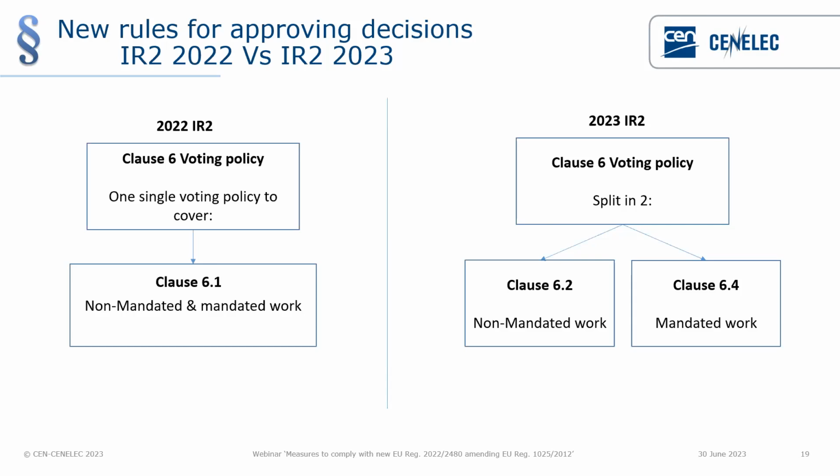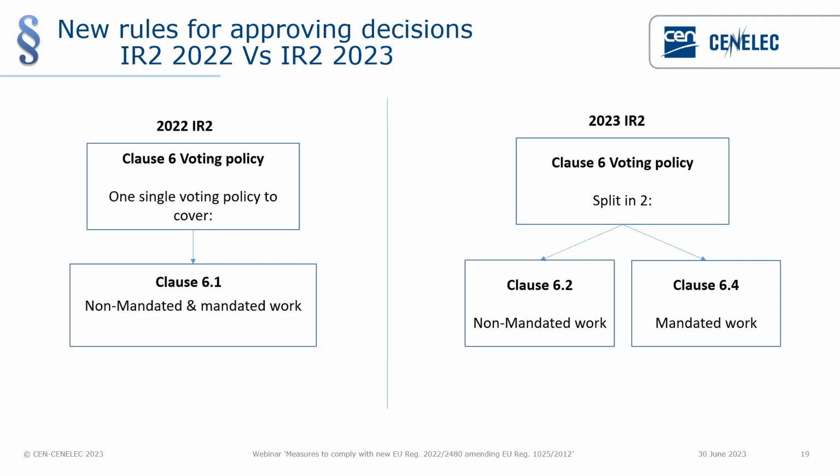So de facto, subclause 6.1 was covering any case. Now, since for mandated work, following the new regulation 2480, we decided to install a systematic double counting and then a final decision to be taken by blue type members when needed, Clause 6 on voting policy has been split in two.